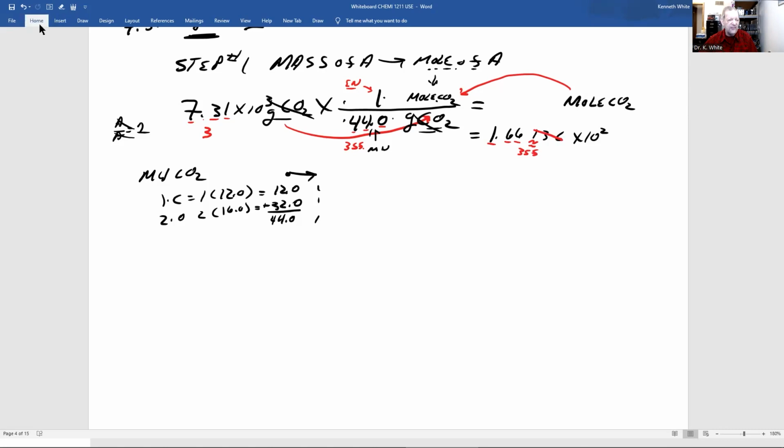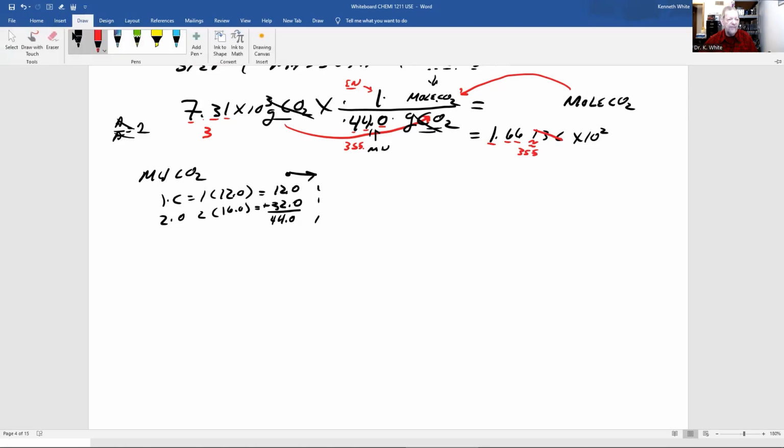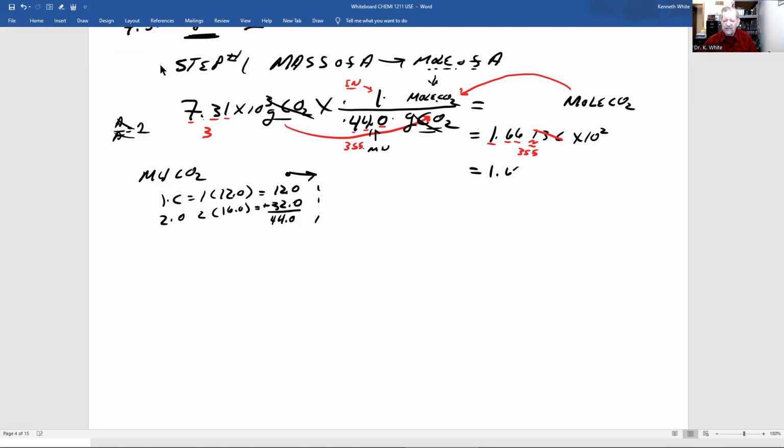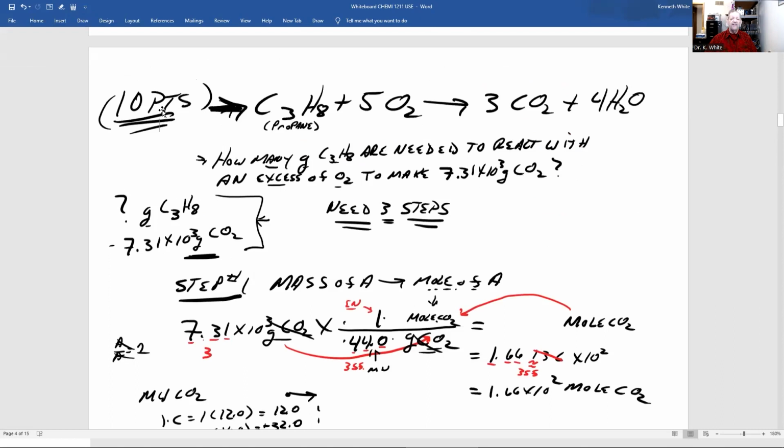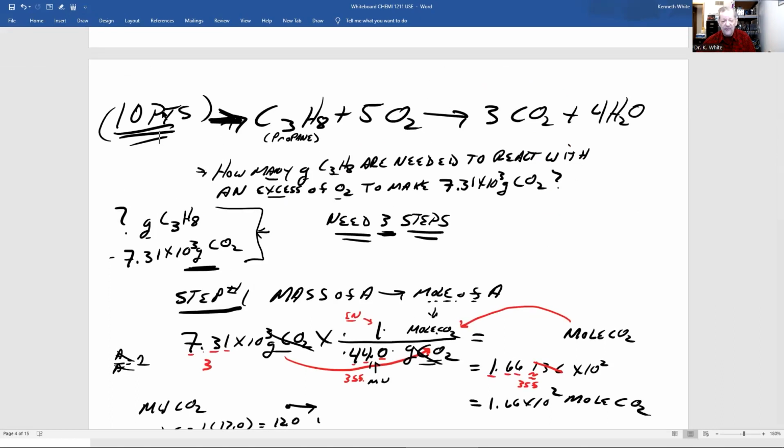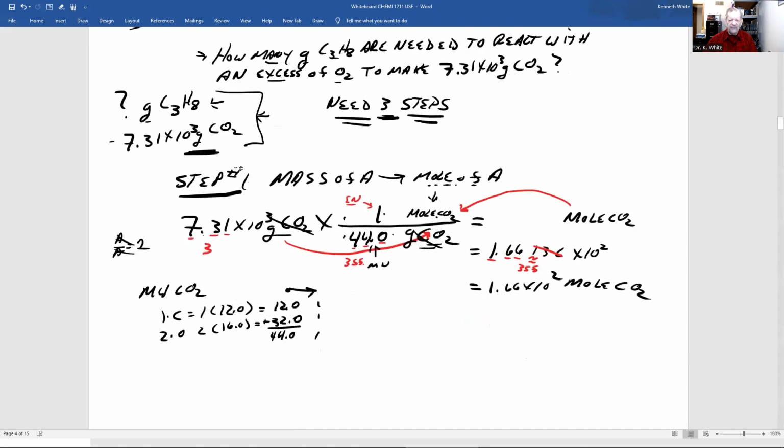And the correct answer for this step is 1.66 times 10 squared moles of CO2. And this is step number 1. Are we done? No, we need 3 steps. And the answer has to be grams of C3H8 propane.